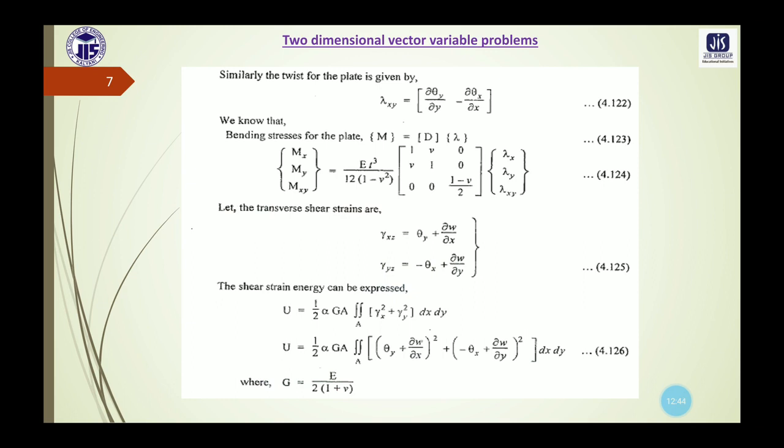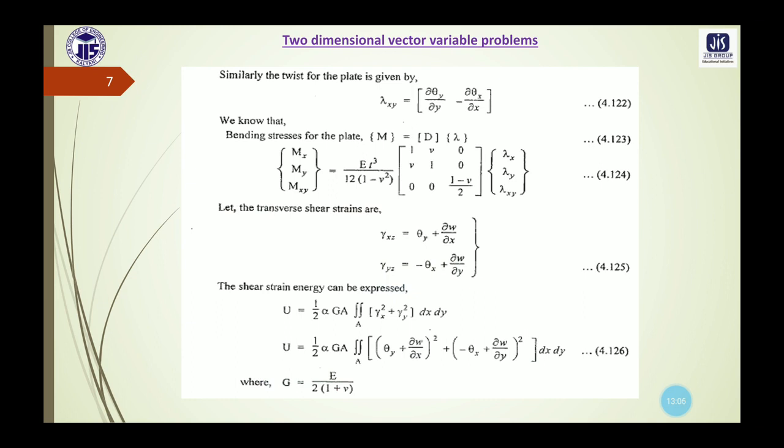Now we know that the bending moments for the plate, m equals D matrix multiplied by the lambda matrix, where m is a column matrix of mx, my and mxy.